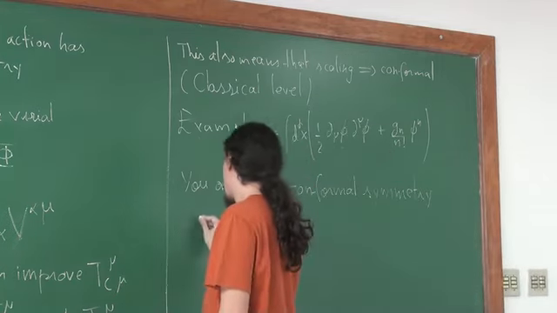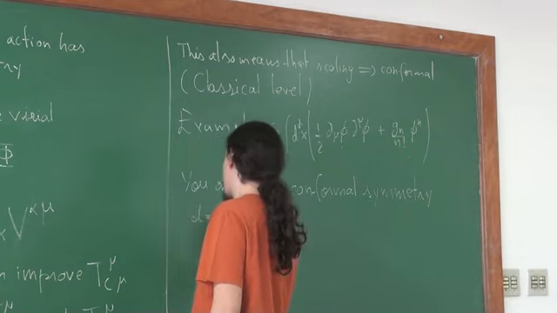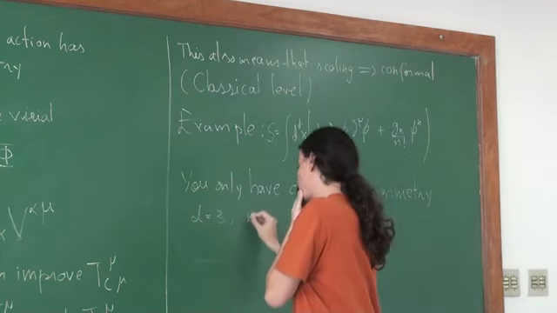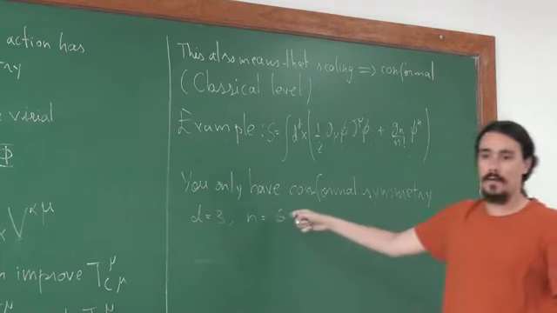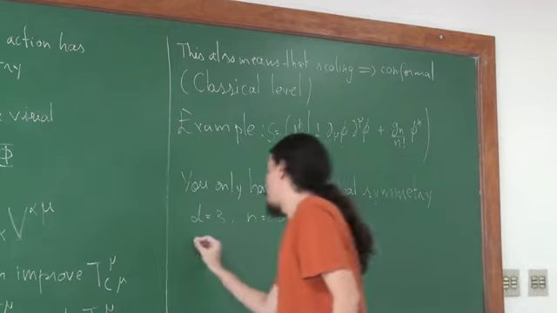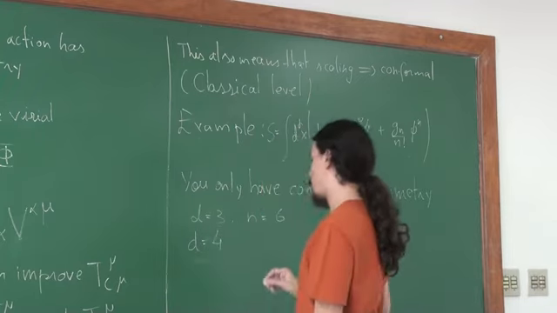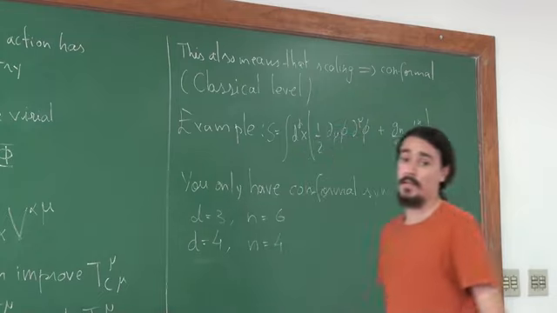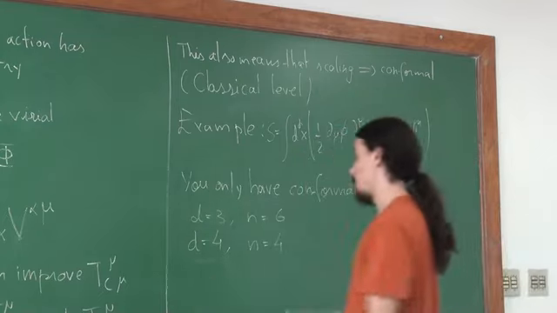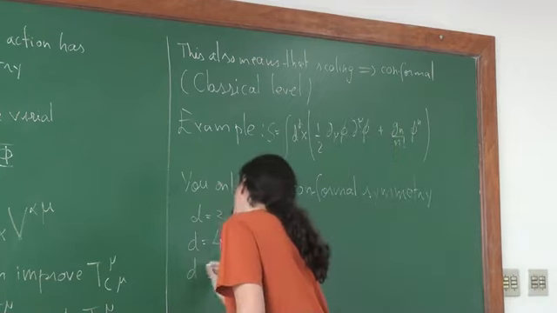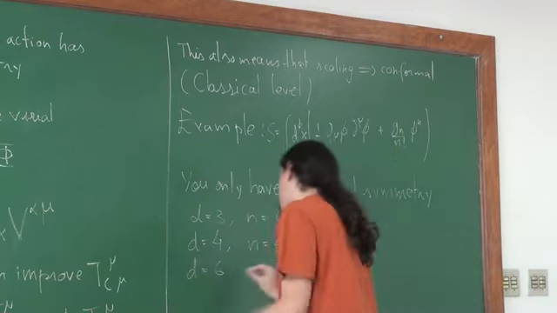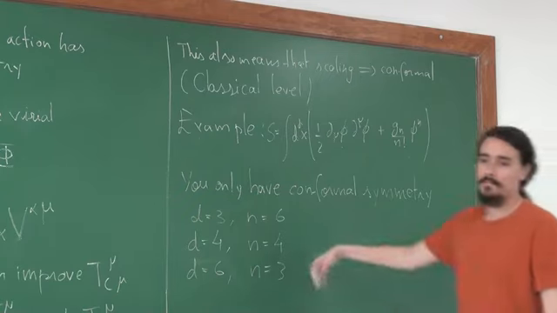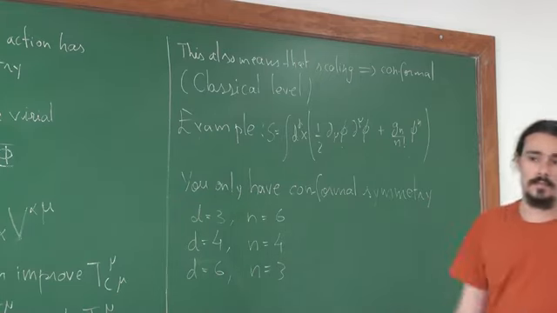If you're in 3 dimensions, then you can use a potential with the 6th power. If you're in 4 dimensions, you can use a quartic potential, like lambda phi to the fourth over 4. It's the most famous example. Or if you're in 6 dimensions, you can use a cubic potential, but then this will be dangerous because the potential will not be bounded from below.